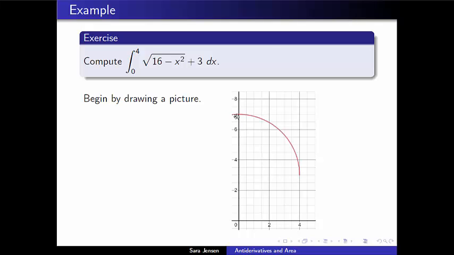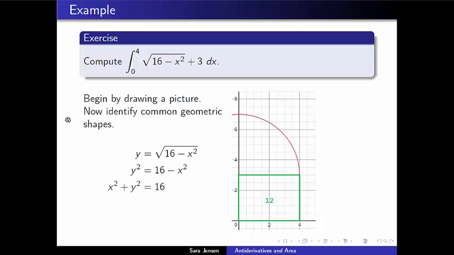And what we want to do is find the area between this curve, f of x, and the positive x-axis between 0 and 4. So the shape that we're looking for is the one that I'm tracing right now. There, all the way up to here, down the function, and back down again. So we start by drawing that picture and identifying the region that we need to find the area of.